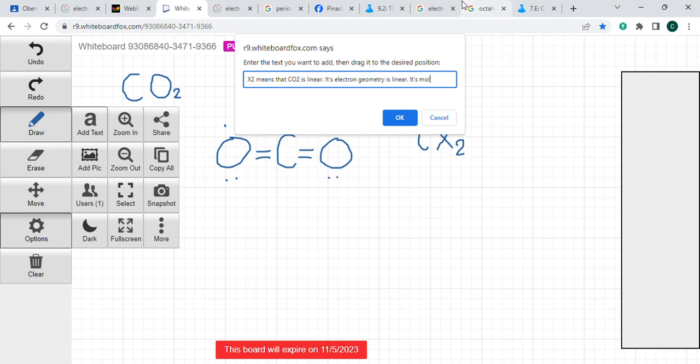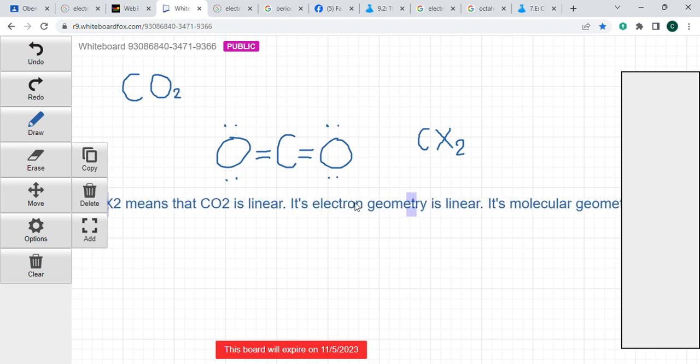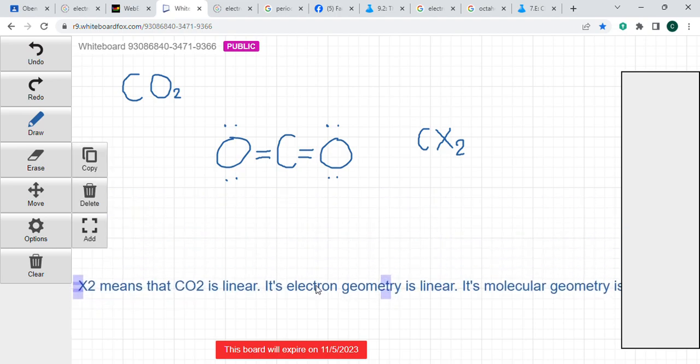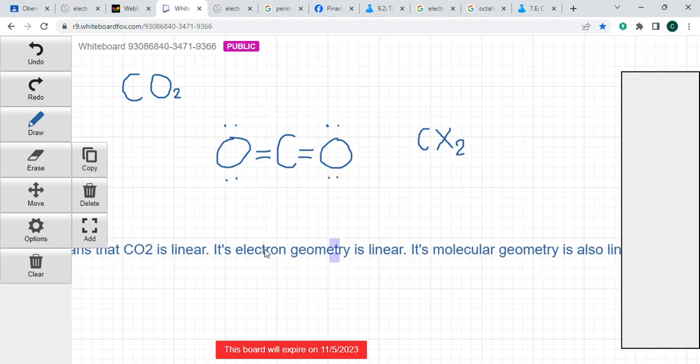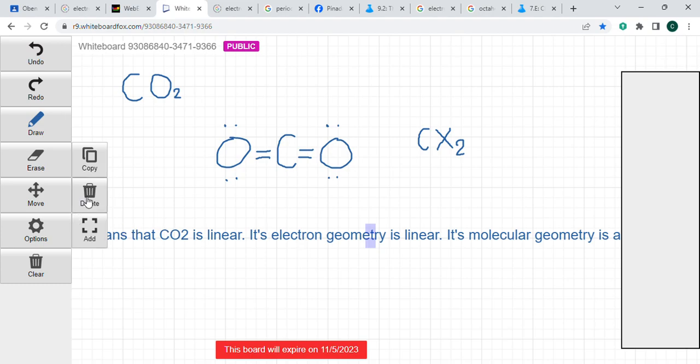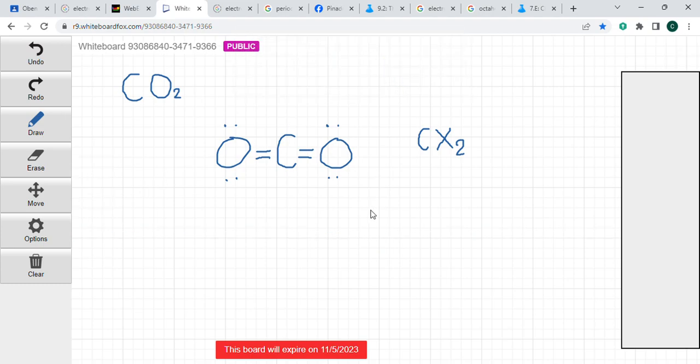Its molecular geometry is also linear. Since it is linear, we can say that the molecular geometry of carbon dioxide is balanced, meaning the electrons are distributed equally around the central atom.